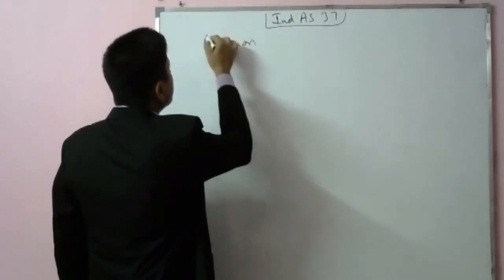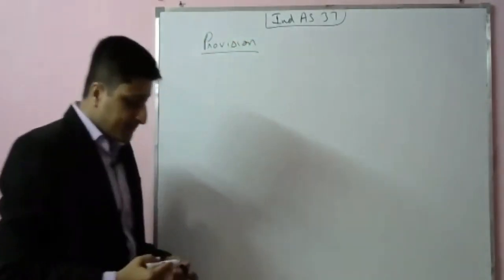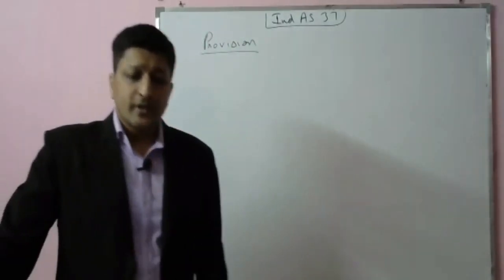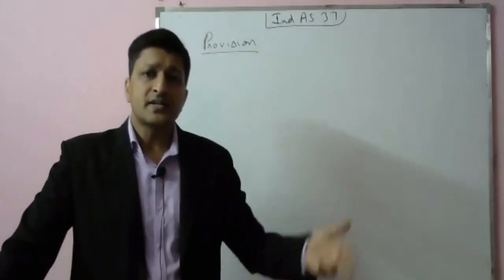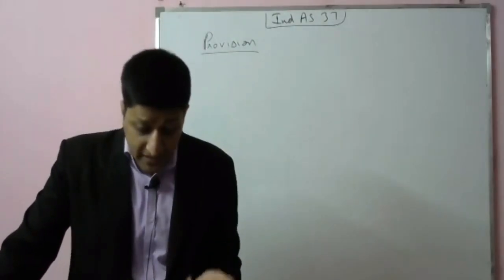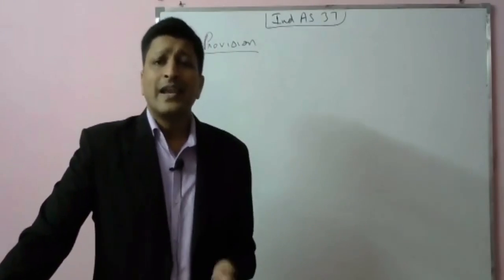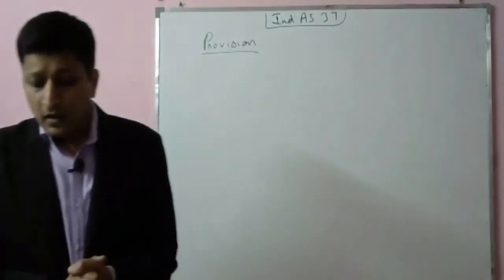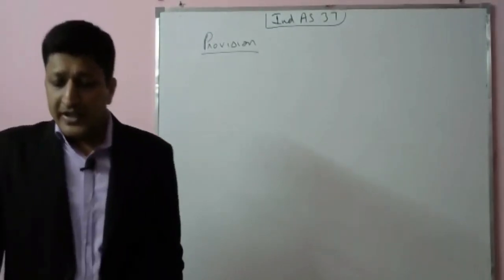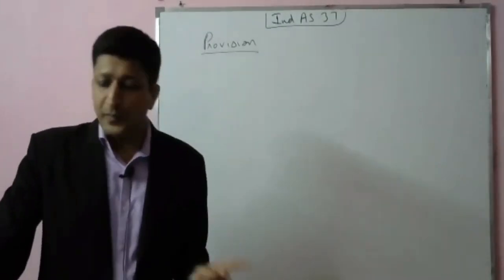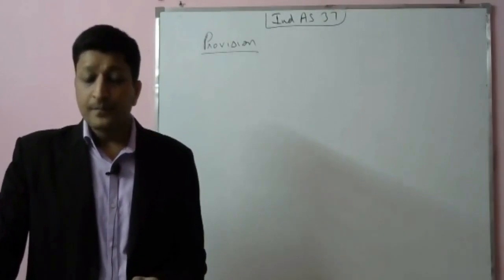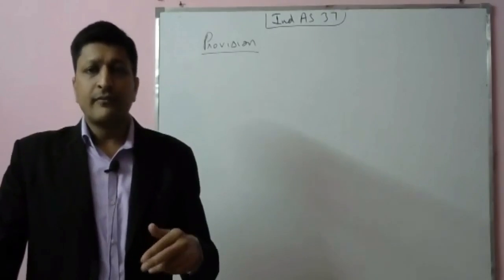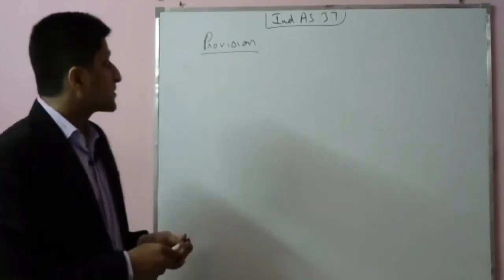Provision, though we have broadly talked about what is a provision. But for better understanding of provision, we need to understand the meaning of liability. So what is a liability? Liability is something which is very, very clear to us. It's a present obligation that arises from past events and whose settlement will require outflow of certain resources.